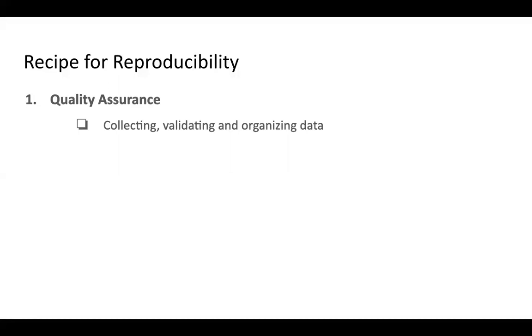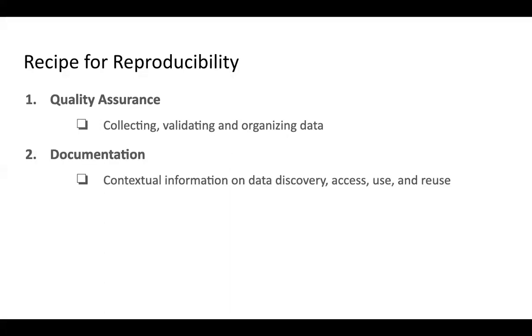So one, providing data quality assurance through documenting how data was collected, validated, and organized. Second, including all contextual information needed for discovery, access, use, and reuse. This includes describing data and providing all relevant documentation.